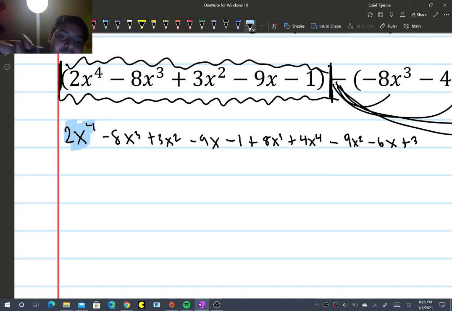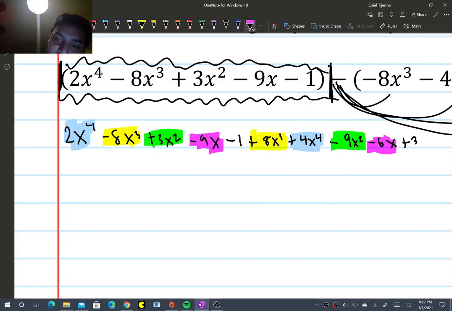So we have a 2x to the fourth, a 4x to the fourth, and then we have a negative 8x cubed and an 8x cubed, and then we have a 3x squared and a negative 9x squared, and then we have a negative 9x and a negative 6x, and finally we have a negative 1 and a 3, okay?